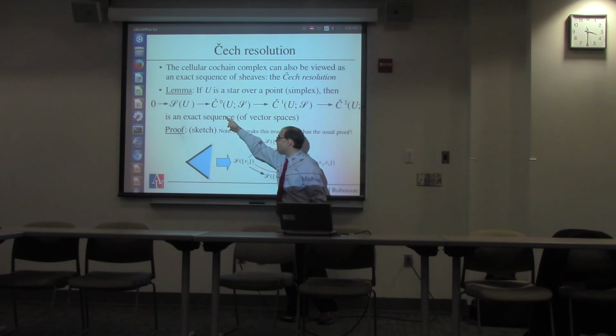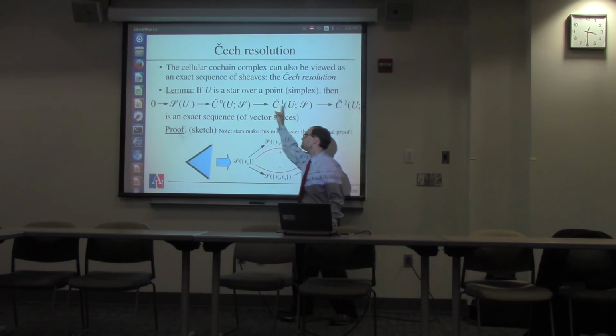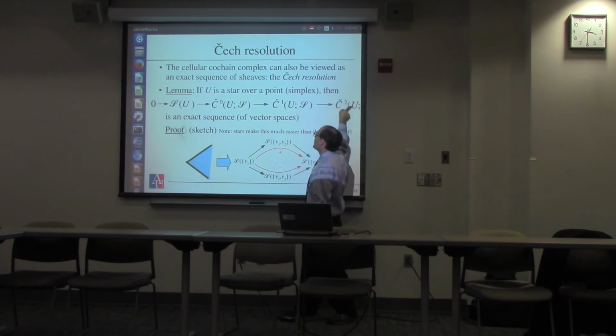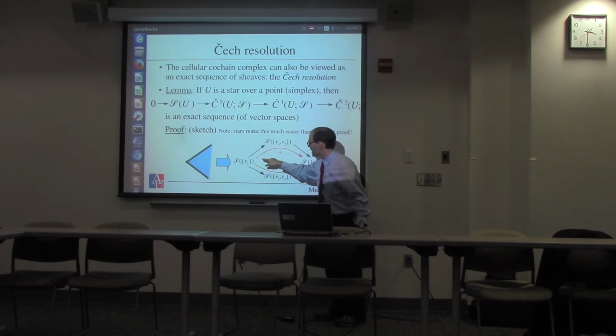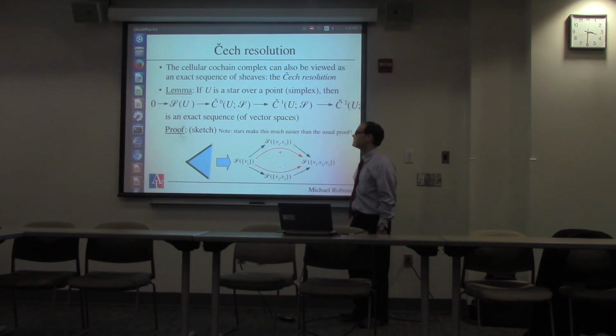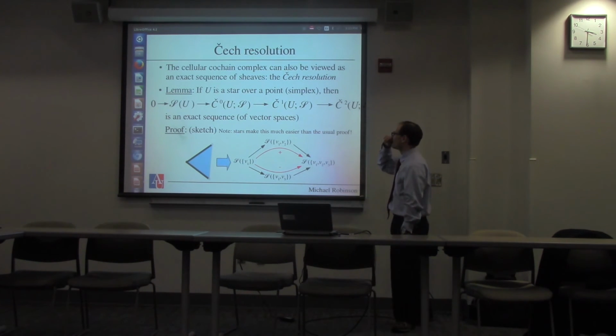Why? Because I went from the vertex data to the edge data, to the face data, and if I went one way or the other way around this diagram, I came in with different signs. And since it's a commutative diagram, they cancel out exactly, perfectly cancel out.